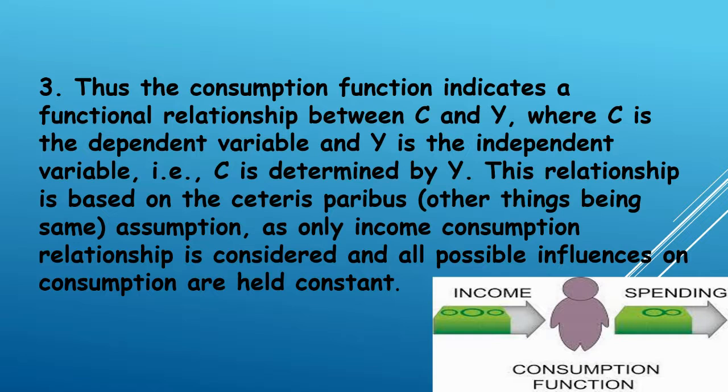This relationship is based on ceteris paribus, where other things remain the same, so all possible influences on consumption are held constant. In the picture, it is a relationship between income and spending: with the level of income, how much they consume. That is called the consumption function.